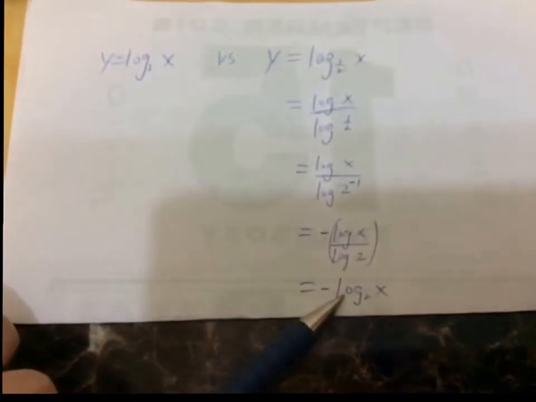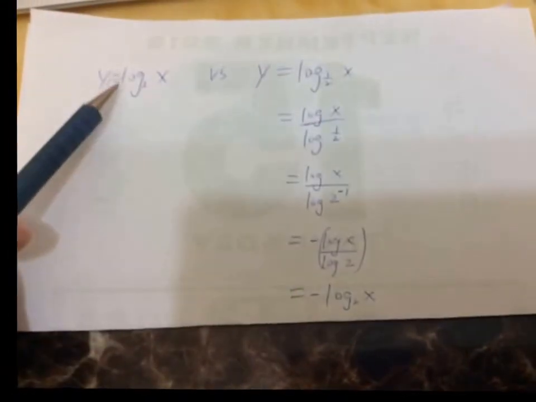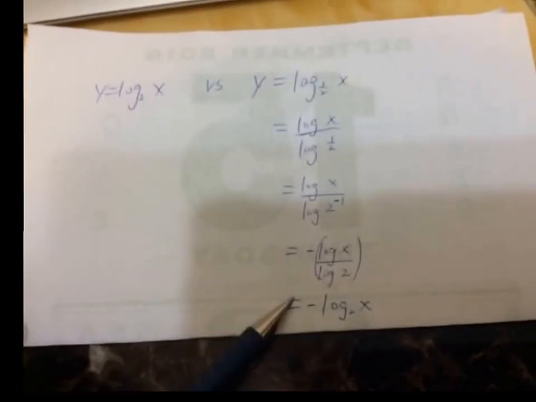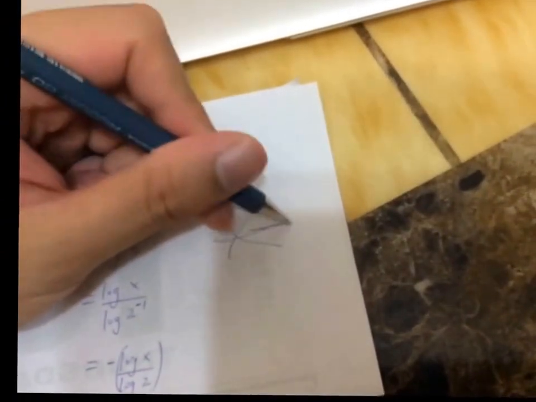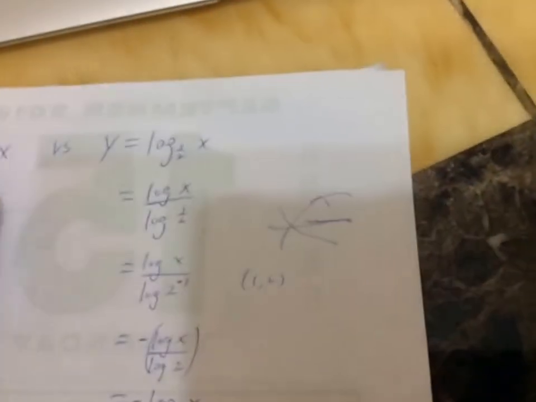This is the same, with just this one being negative. So if the value of this whole thing is 2, the whole thing here is -2. So the graph will be like a reflection on the x-axis. So the y value will change. So if the value is 1, 2, the other will be 1, -2.